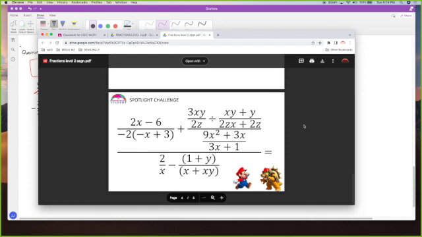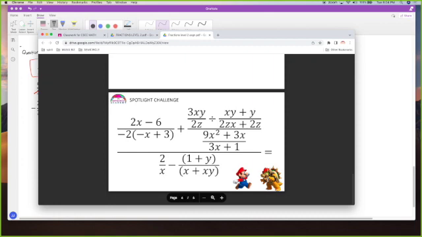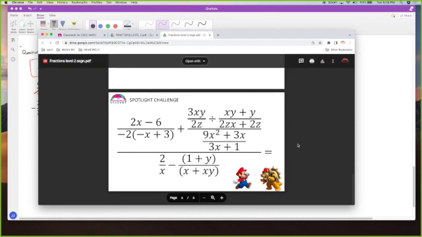So I will see if anybody, this here is the Bowser. You can see Mario battling off against Bowser there. This is the Bowser. So let me see who could beat Bowser. So this fractions thing actually has 2 spotlight challenges. This is 1 spotlight challenge. So this is 1 Bowser.